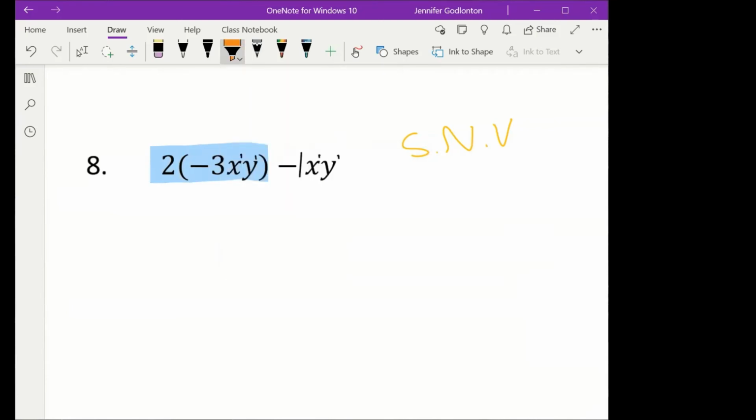So I've got a positive and a negative, which gives me negative 6xy. So lots of people got to that point, which is great. That's what that gives me. And then I've got minus 1xy. And then I'm just adding or subtracting, which means I'm looking at my like terms. And so I've got negative 6xy minus 1xy, which is negative 7xy.